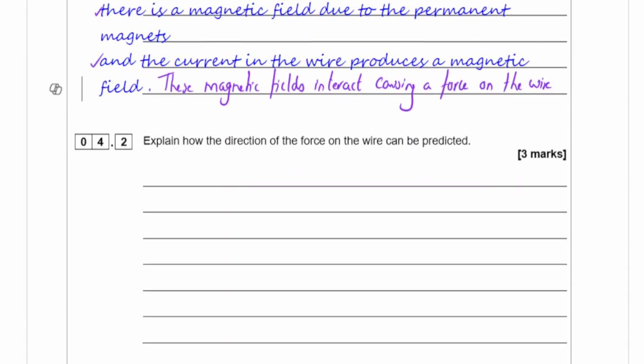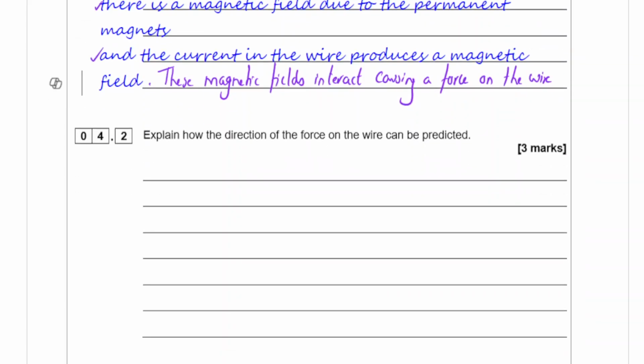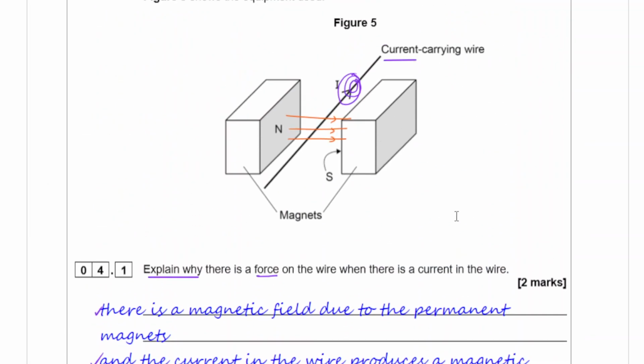4.2. Explain how the direction of the force on the wire can be predicted. Now, to predict the direction of the force, you would use Fleming's Left Hand Rule. Now, remember, Fleming's Left Hand Rule is basically placing your 3 fingers, your thumb, first finger, and your second or middle finger.